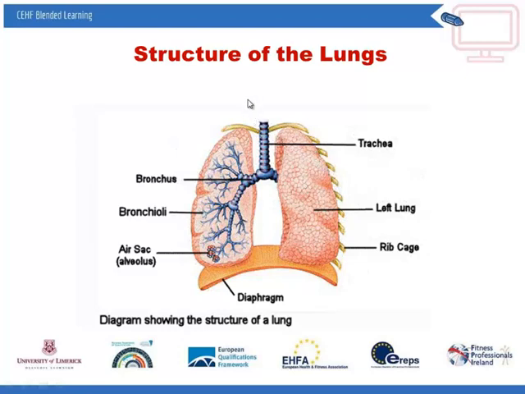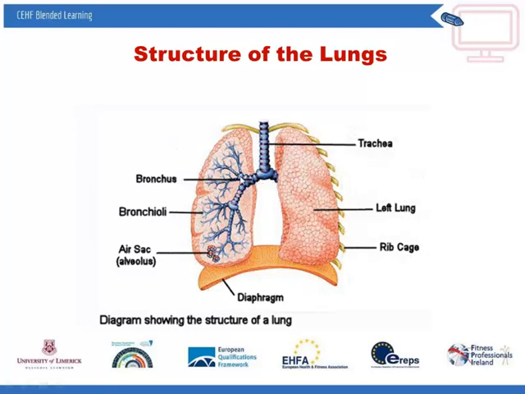When we breathe in air, it passes through our mouth, down the back of the throat, which is called the pharynx. At the top of the trachea then is the voice box, and then the main windpipe itself, which is the trachea, carries air down into the lungs. The trachea branches into two branches called bronchi, and each bronchus enters the right and the left lung.